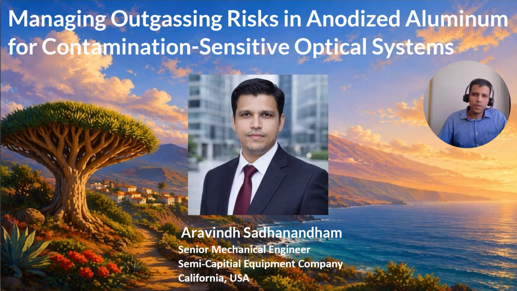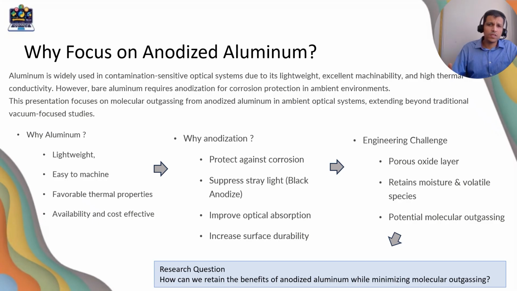Why was anodized aluminum specifically taken into account, even though the system is built with so many materials? In optics assemblies, anodized aluminum is lightweight, easy to manufacture, and has good thermal properties.